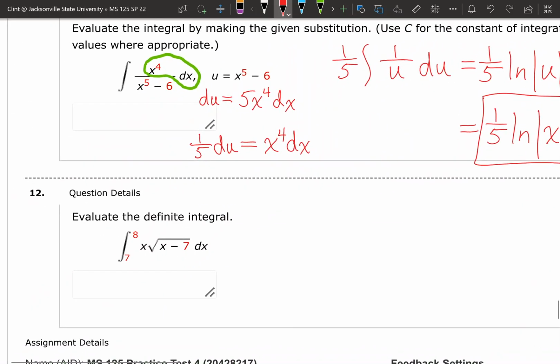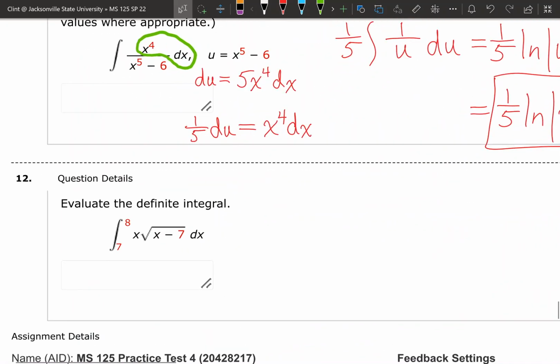Okay. How many more of these we got? One more. Okay. Oh, all right. Well, forget 12 then. Somewhere around 11.